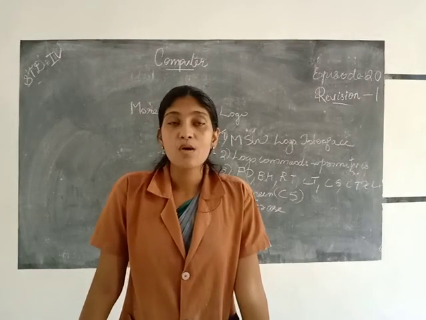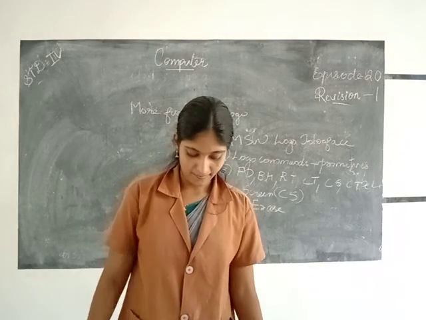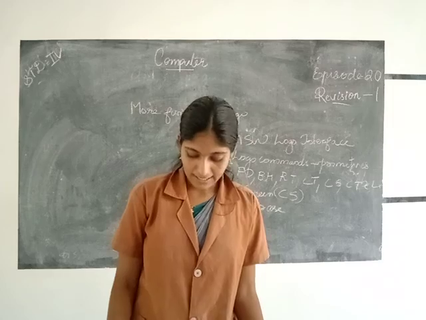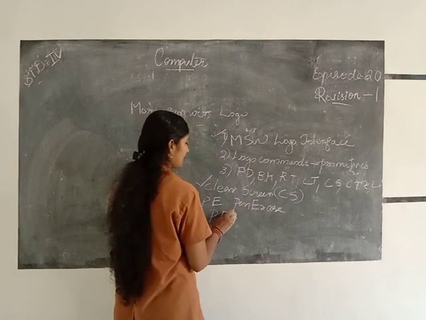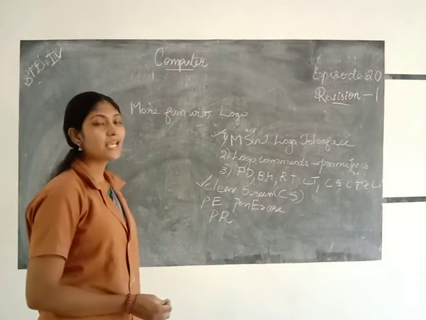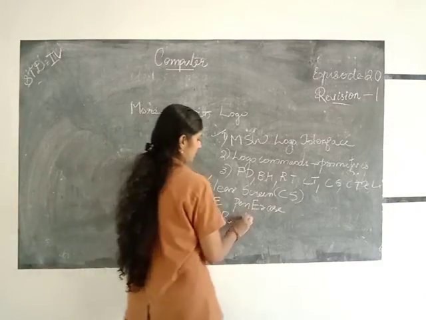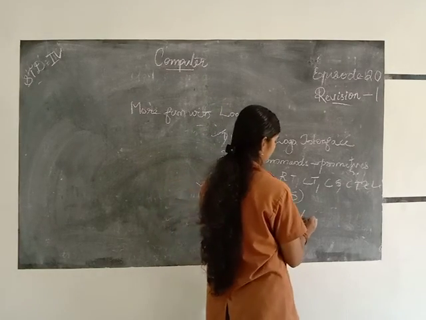We can draw polygons, circles, and arcs using the repeat command. Then next, the print command. The print command is PR. PR is used to print messages and also do calculations.